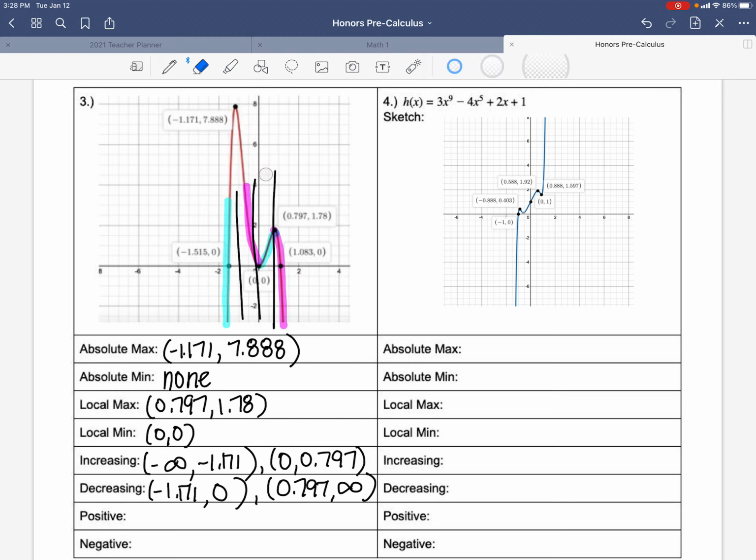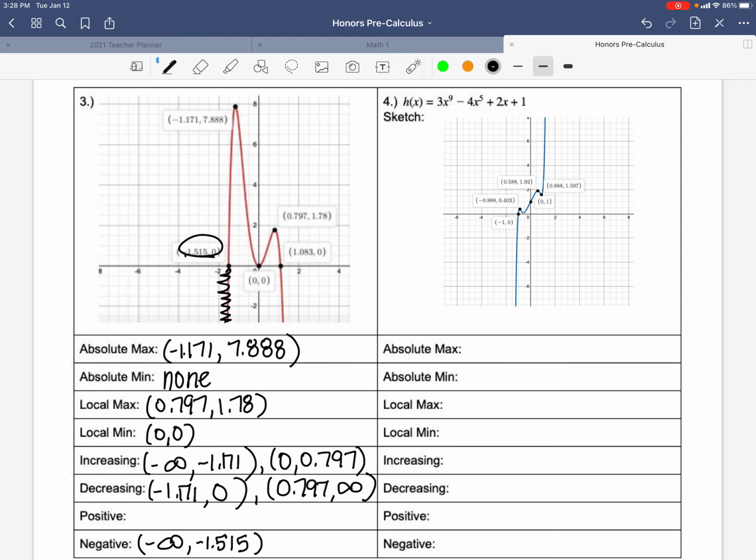All right, and then we're going to do maximum and minimums. Not maximum and minimums, we're going to do positive and negatives. So I start from the negative because it's below the x-axis, and it's negative from negative infinity until that x-intercept, which is negative 1.515.